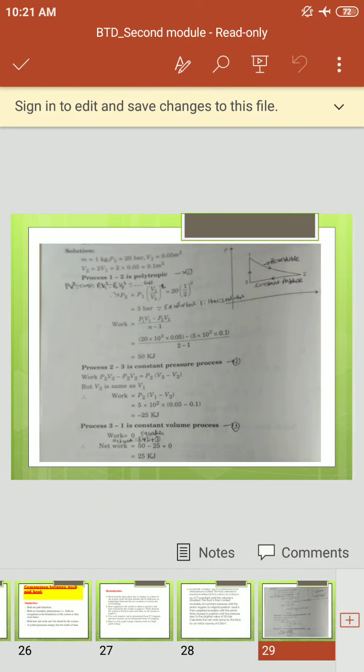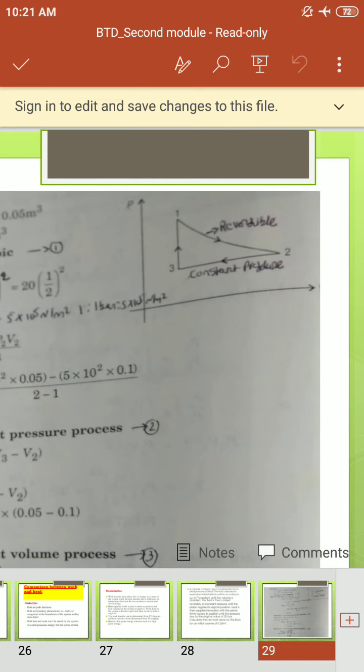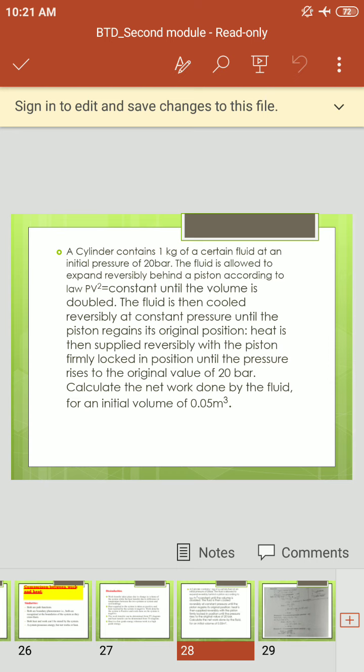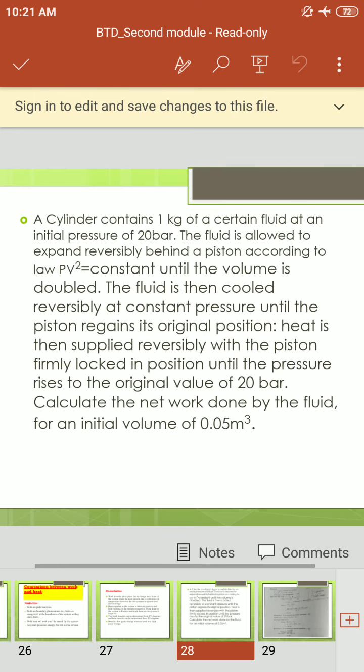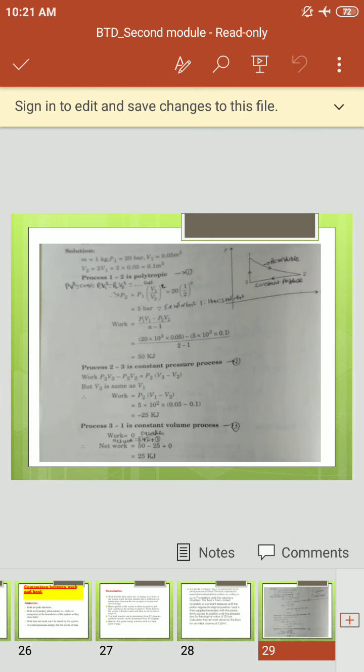Constant pressure is what we are talking about. Constant pressure means the line should be perpendicular to the y-axis. That is 2 to 3. The fluid is cooled reversibly at constant pressure, because constant pressure is mentioned here. For that, the 2 to 3 process should be at constant pressure. Therefore, I have to write a straight line.